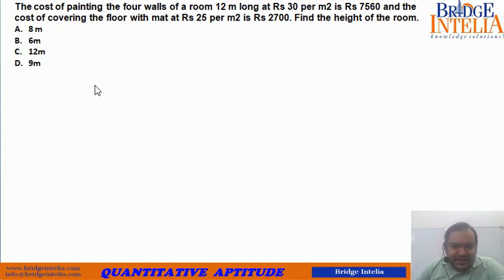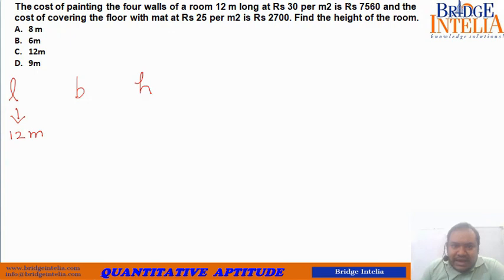So let's understand first what is given or what is known to us. The cost of painting of 4 walls of a room 12 meter long. That means out of the 3 dimensions, length, breadth and height, we already know that the length is 12 meters. What else?